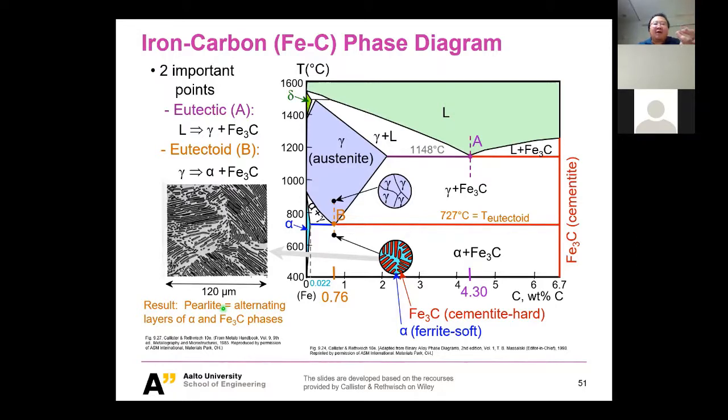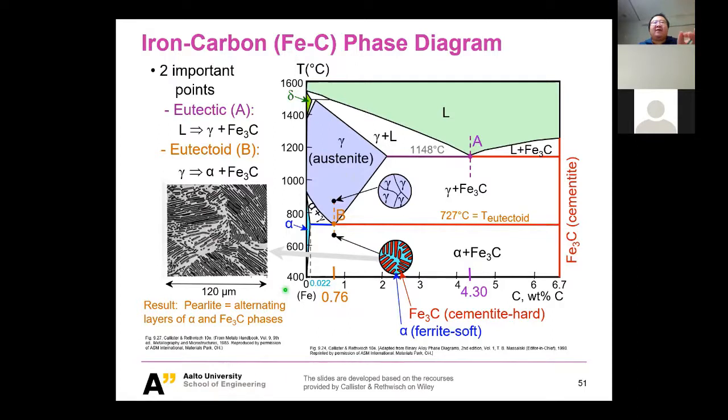So it feels like it's a phase. For example, we talk about ferrite, we talk about austenite, but you need to understand they are really one phase. They're really one solid solution. But for pearlite, you often call it a phase as well. But in the end, it is not a phase, it is a mixture. So this is something you have to be clear with.